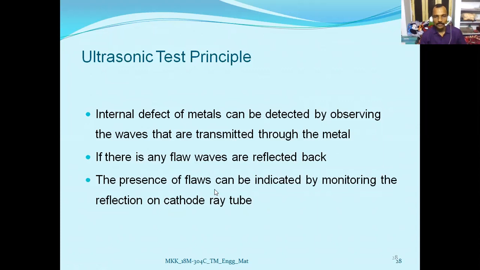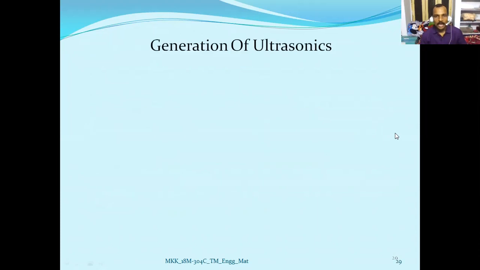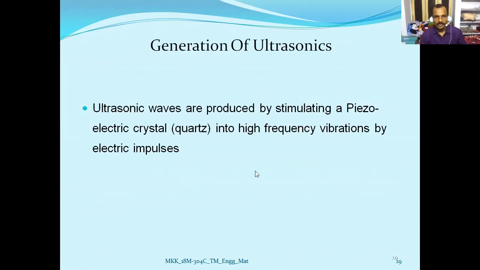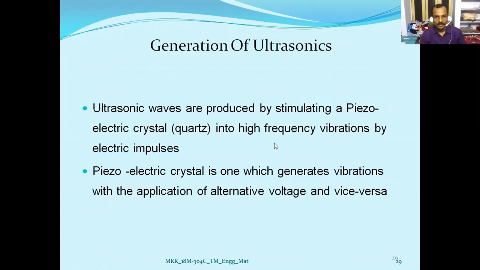The presence of flaws can be indicated by monitoring the reflection on the cathode ray tube. If we do not have any flaw, that is also displayed on the CRT.